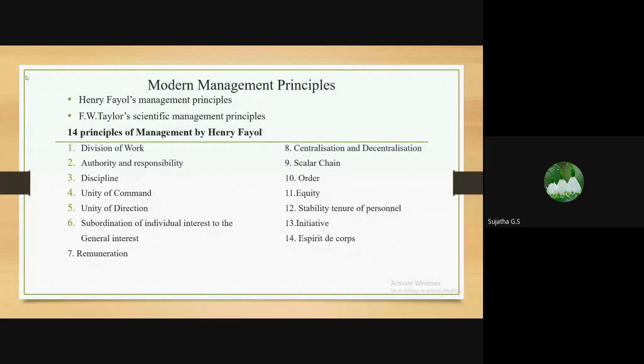The principles of management include unity of direction, subordination of individual interest, stability of personnel, initiative, esprit de corps. Then division of labor and qualification. Workers become proficient in a task, and thus division of labor improves efficiency. The various jobs in the organization are divided, and each worker's ability and qualification depends upon their abilities and qualifications.